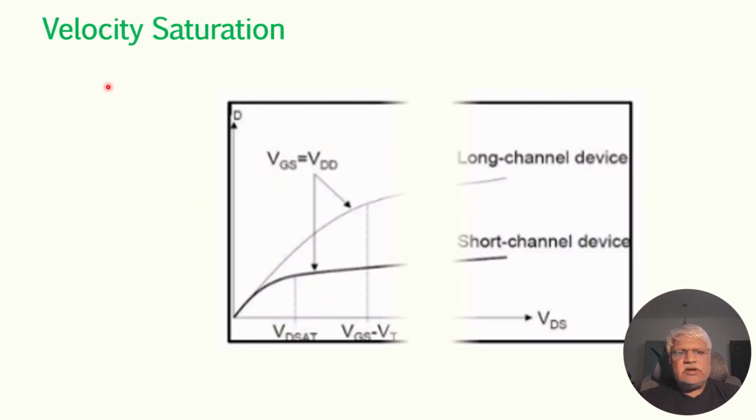Let us understand another phenomenon called velocity saturation. Here the NMOS drain current versus the drain to source voltage is plotted. Here this is the long channel device characteristics. Here the saturation voltage is occurring here, and the drain current is not increasing further even though the drain source voltage is increased.